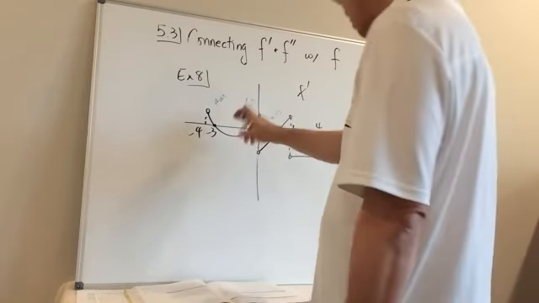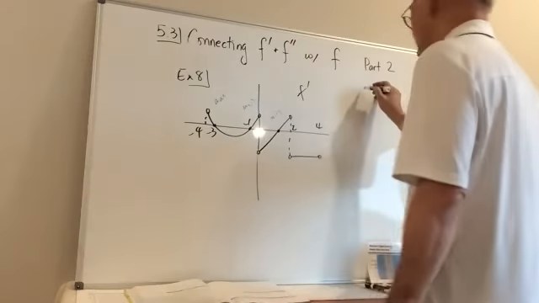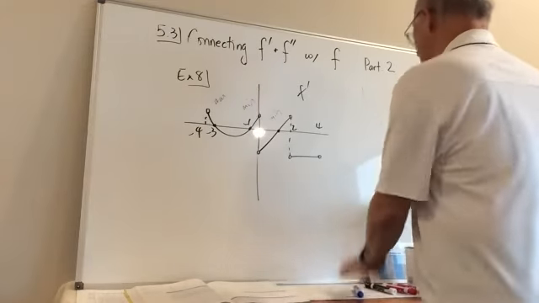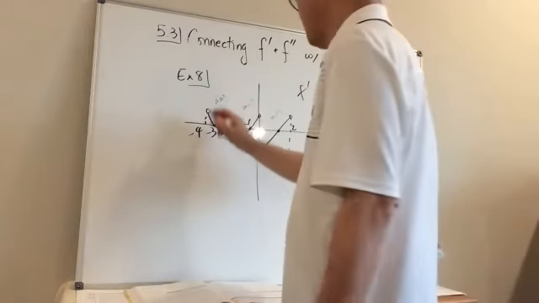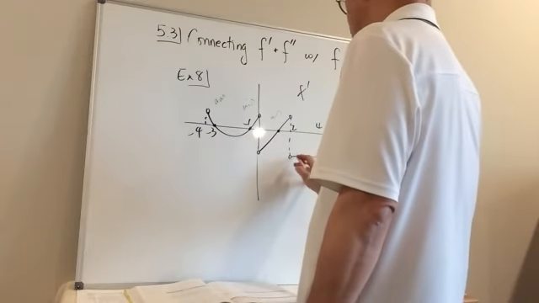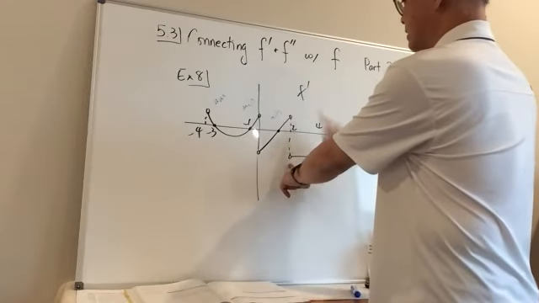So what is this guy going to look like? Let's see if I can use this. So there's going to be a line here, right? Because I have a constant f prime.